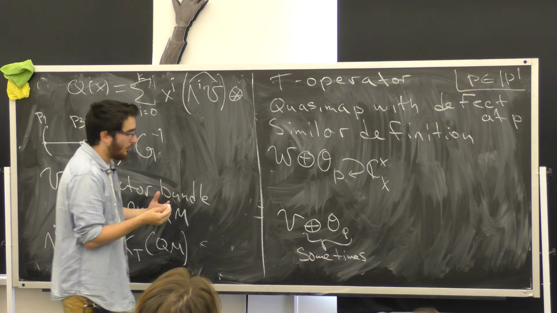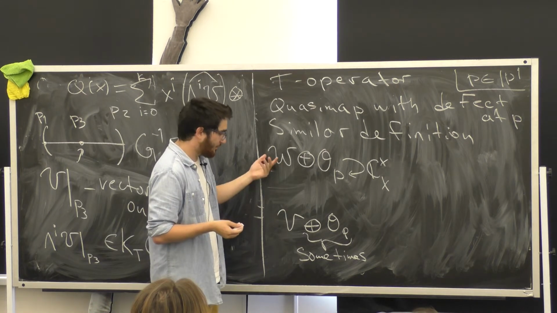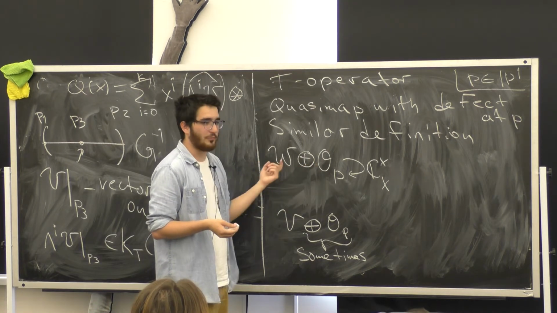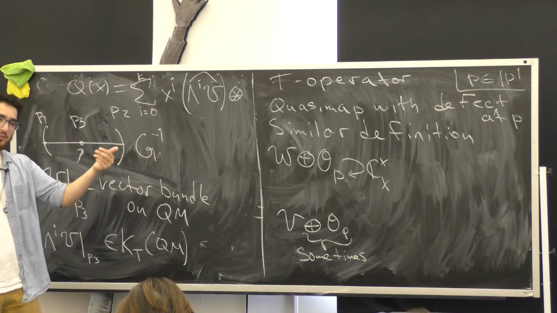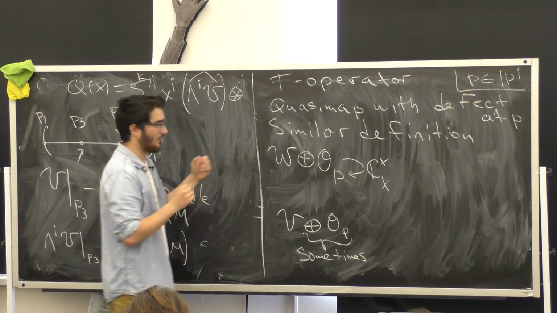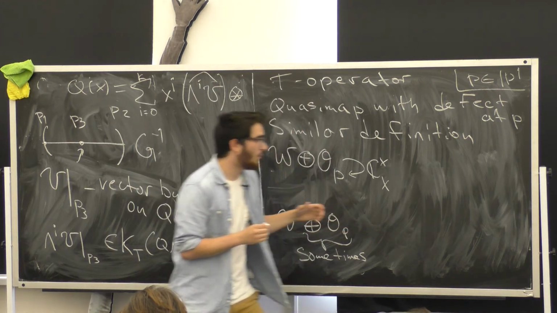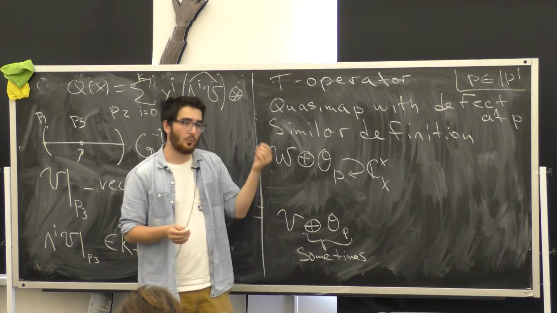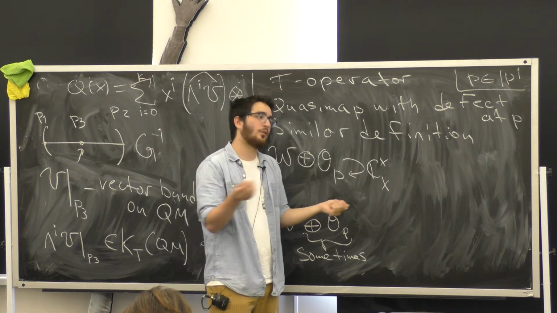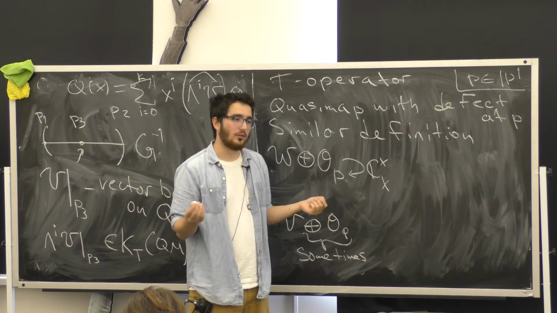You just have to be very careful, because HOMs from the structure sheaf of a point to a vector bundle don't exist, only the other way, and this brings up all kinds of restrictions. But what is nice is that you can do this defect at one point, and all the other points will not know about it at all.